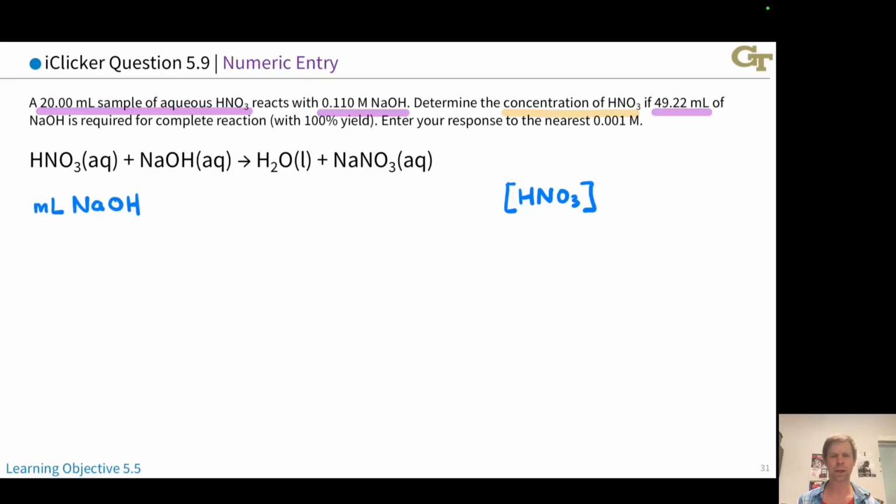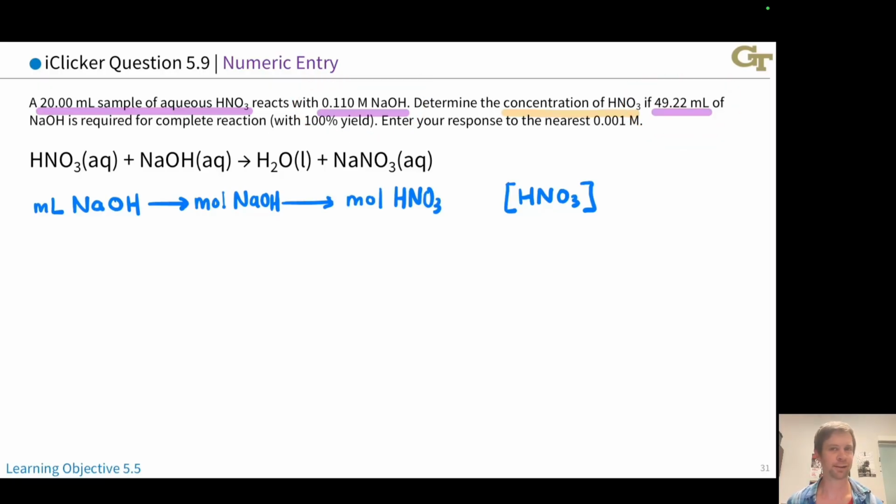Okay, so how do we get from the volume of NaOH to the molarity of HNO3? Well, the first thing we need to do is get out of lab world and into mole world. And we'll do that by applying the molarity of the NaOH solution. We then need to go from the moles of NaOH corresponding to this volume and this molarity to the moles of HNO3.